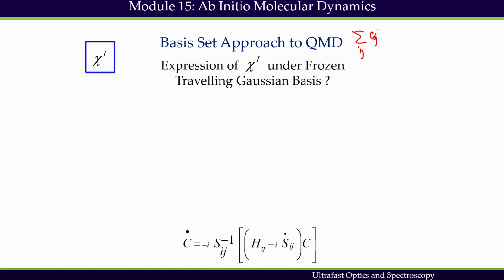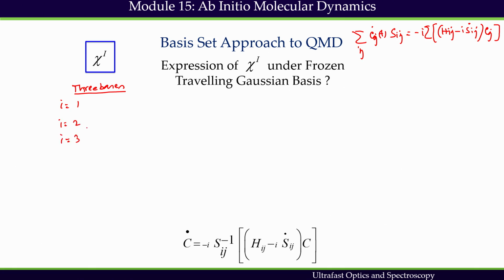That is the Cj dot Sij equals minus I summation of Hij minus I Sij dot then Cj. That was the expression. So taking again 3 bases, one can consider I equals 1, I equals 2 and I equals 3.